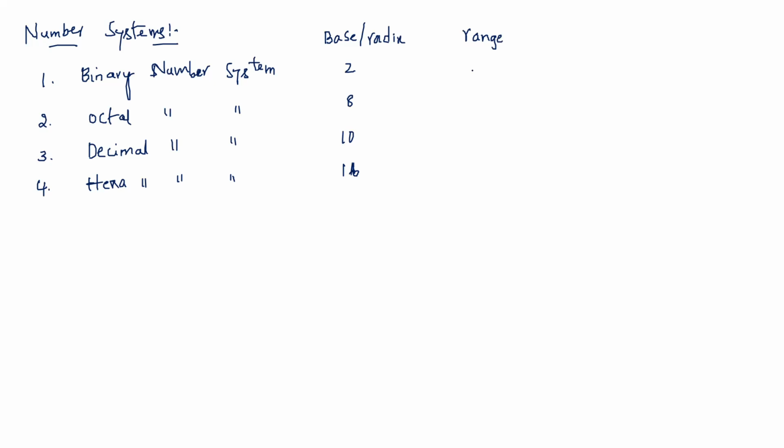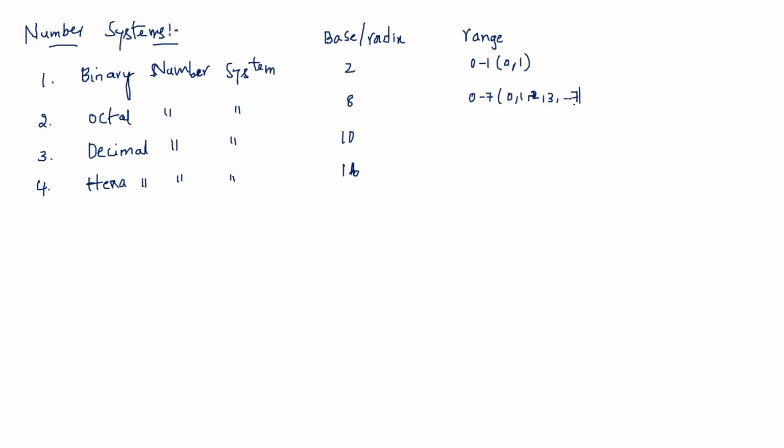In the range, for the binary number system we have 0 to 1. That means we have 0 and 1 only. And then for the octal number system, the range is 0 to 7. That means we have 0, 1, 2, 3, and so on, up to 7.